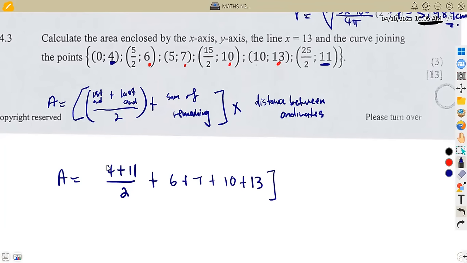The values of x give us the distance between the ordinates. They are separated from 0 to 5/2, from 5/2 to 5, from 5 to 15/2. 5/2 minus 0 is a difference of 5/2, 5 minus 5/2 is a difference of 5/2, and 15/2 minus 5 is a difference of 5/2. So the distance between the ordinates is 5/2.